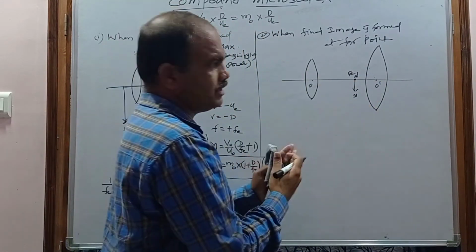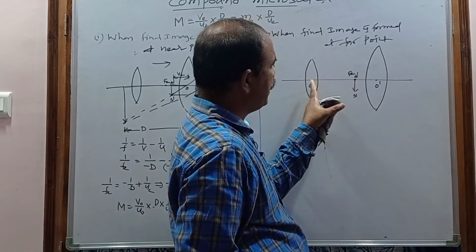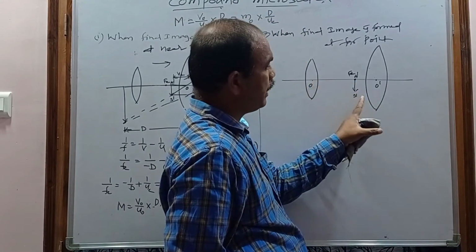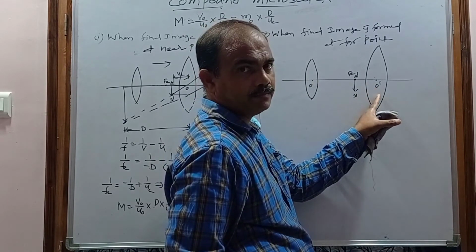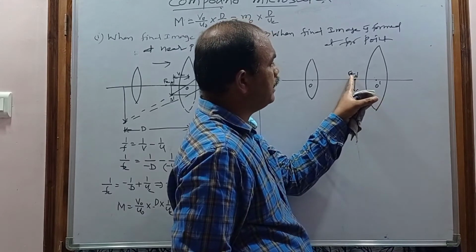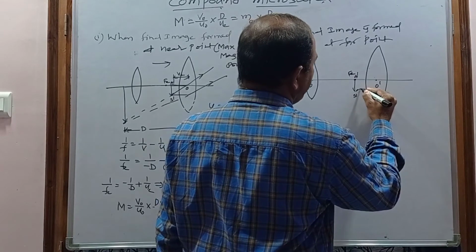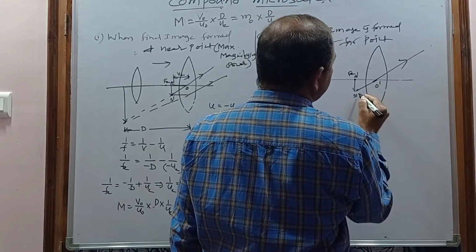So the image formed by the objective acts as the object for the eyepiece. If this A dash B dash is exactly kept at the focus of the eyepiece, then the image is formed at infinity.